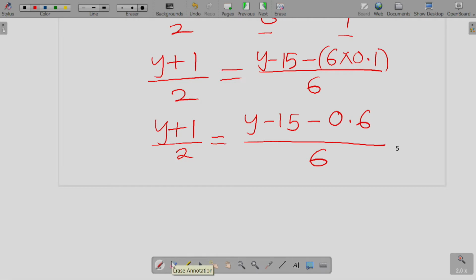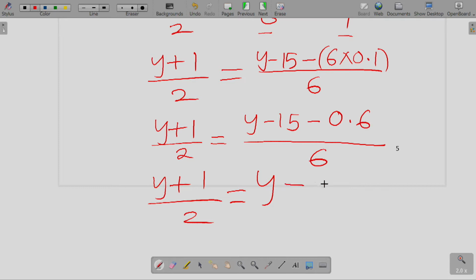Let's simplify it more. So we'll have (y plus 1) divided by 2 equal to y minus 15 minus 0.6, so we'll get minus 15.6 divided by 6.